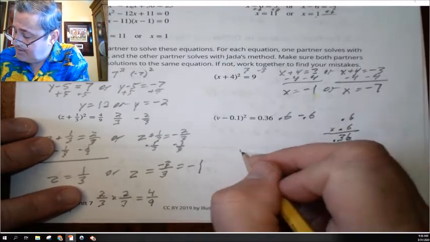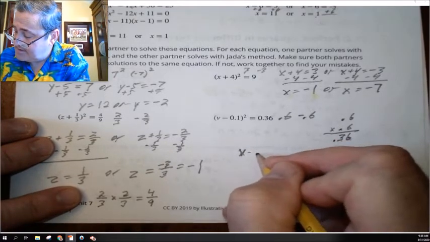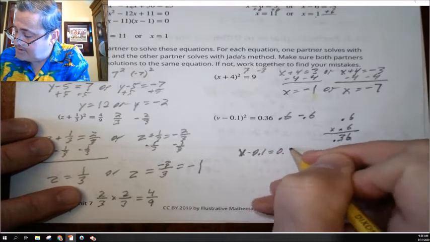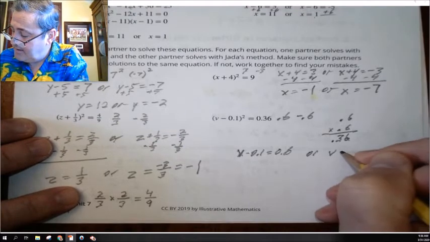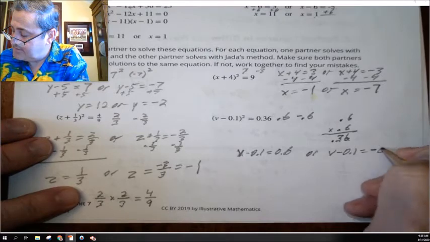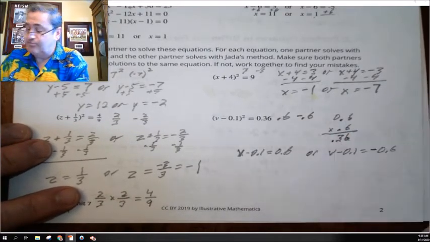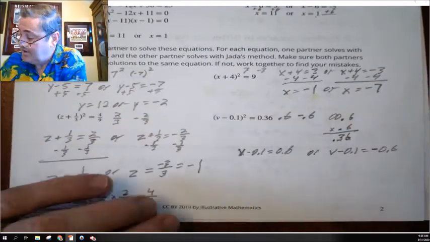So either V minus 0.1 equals 0.6, or V minus 0.1 equals negative 0.6. Now 0.6 is the same as 0.60. We can put as many zeros as we want in front of it. It doesn't change the value.